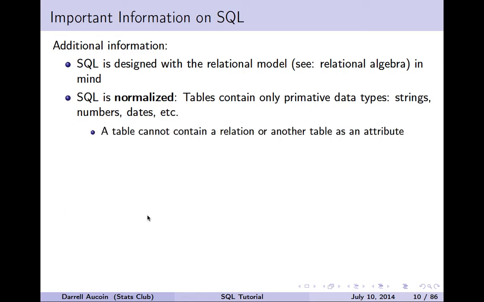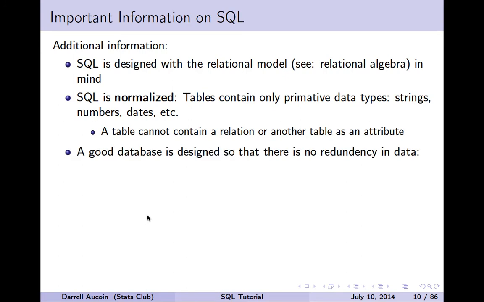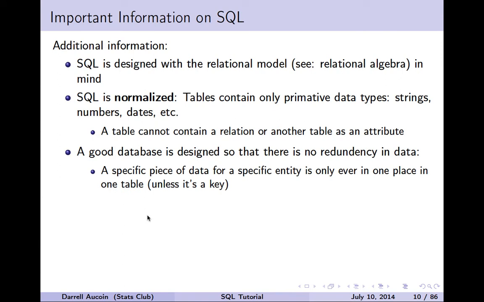A good database is designed so that there's no redundancy in the data, so each piece of data is only ever in one place at one time, unless it's a key. That way, if you want to update some piece of information, you go to that specific spot and look it up there. Otherwise, if you have several different areas, you can get nonconformity, which is a bad thing in a database.